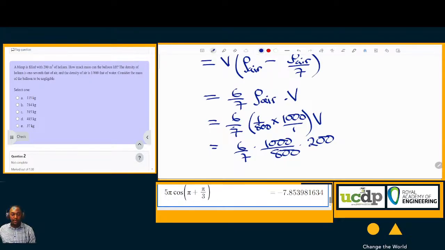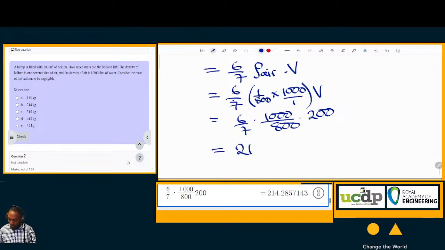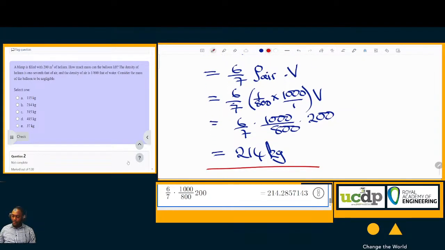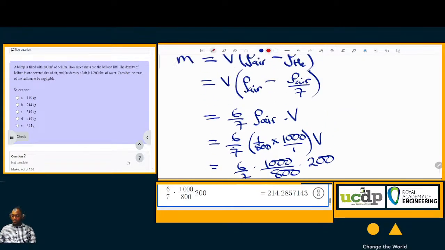Just punch it in as it is: 6/7 multiplied by 1,000/8 multiplied by 200. We get 214, do we? Yes. So we do have an option of 214 kilograms. That's how you would work out your mass.